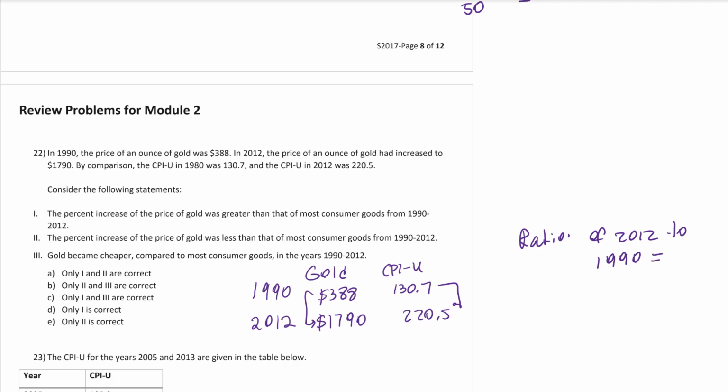So for the CPIU, if you divide them to see how many times the price has increased, 220.5 divided by 130.7 tells us the prices increased by a factor of 1.687. By the way, that translates to 68.7% relative change. So if you do calculate the relative change, you're going to get this, which is also called inflation, that the price is inflated by 68.7%.